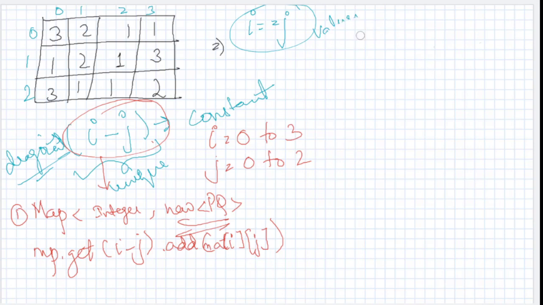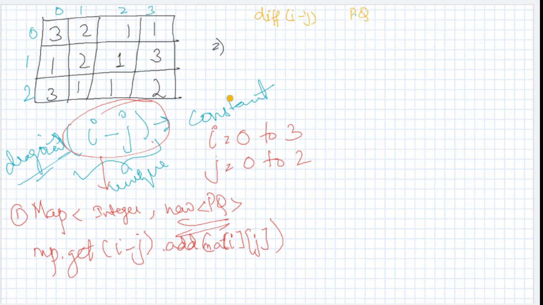If you are aware of it, it's really a wonderful thing. Then coming to diagonals, for fetching any diagonal the easy method is that i minus j is going to be constant. Now I'll store the difference, that's i minus j, here, and the priority queue values come up here.